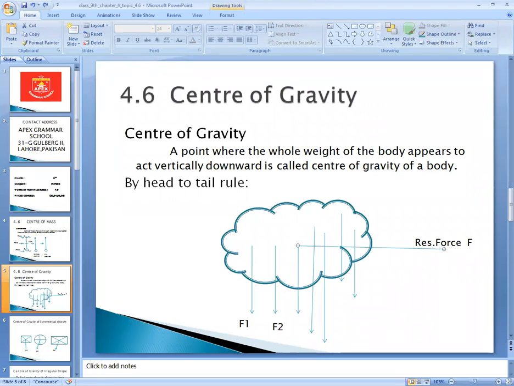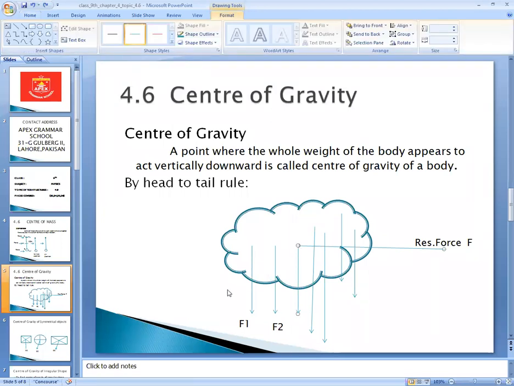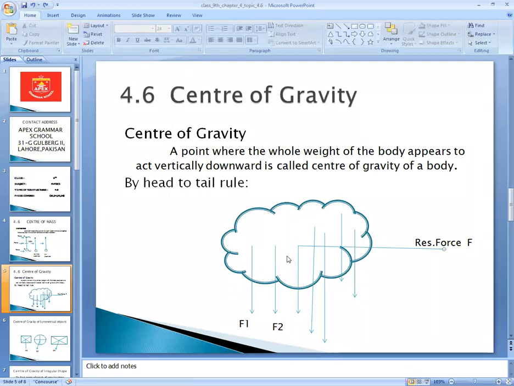Center of mass is the point where the force of gravity is acting. So this will be my center of gravity, or center of mass. This is the only point where my force of gravity is acting, and this is actually in the center.